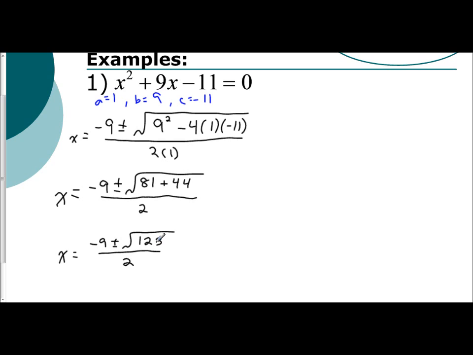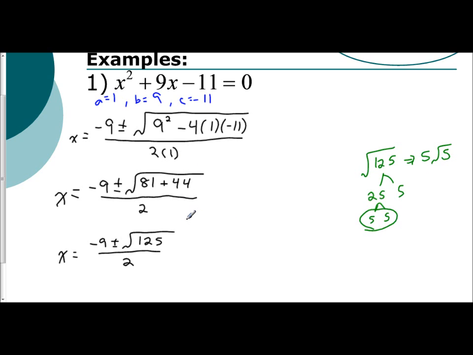And so to simplify the square root of 125, let's do it over to the side. 125 is going to be, what, 25 times 5. 25 is 5 times 5. So I have one pair of 5s. So I can take out 1 5, and 1 remains inside.